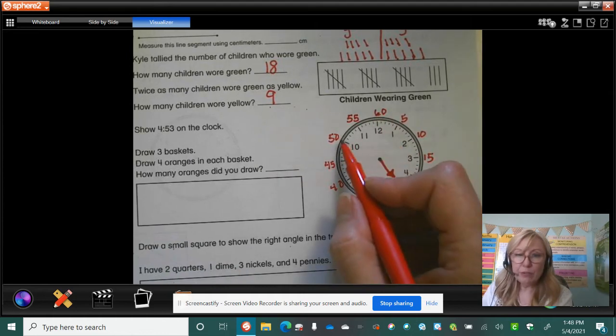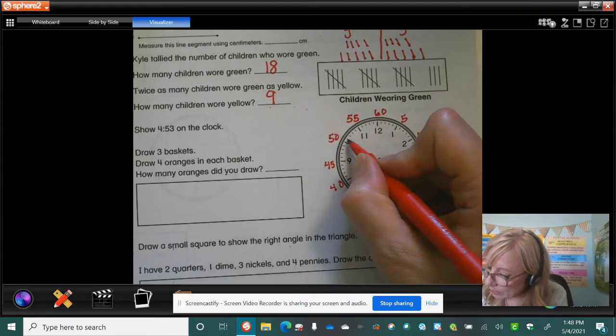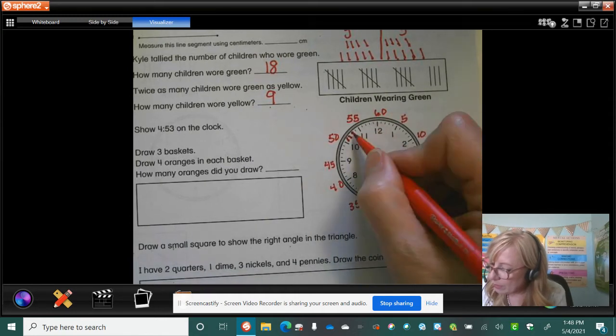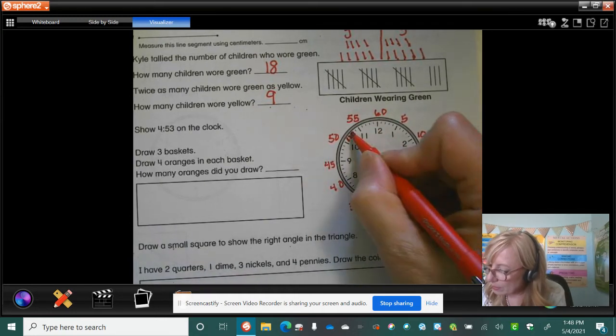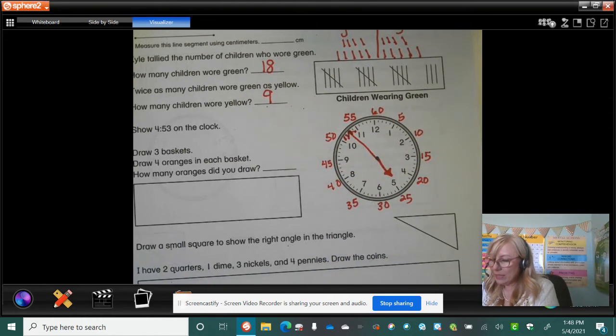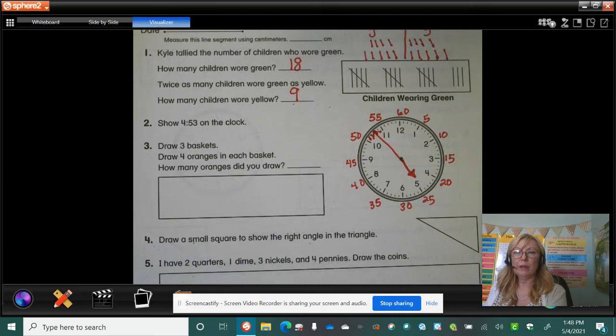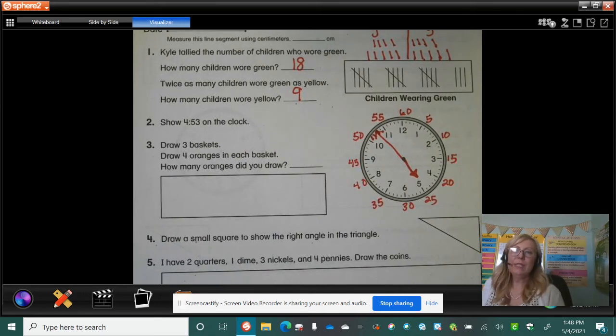So I'm going to go to 50, and then I'm going to add on 3. 51, 52, 53. And that is what 4:53 is going to look like on your clock. If you need to hit pause to draw those numbers, you can do that now.